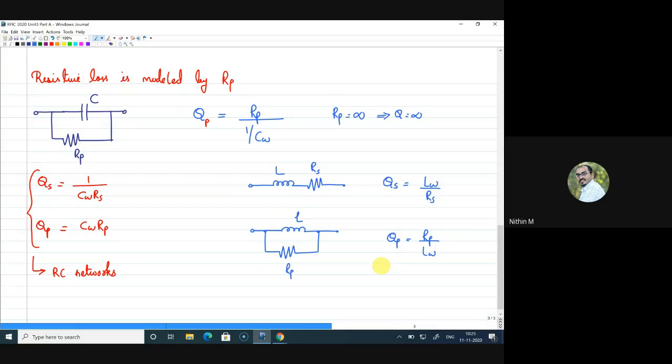So these equations are valid for RL networks. How we express Q factor is very much required to understand these impedance transformation methods. I hope this is clear. If you have questions, you can put them in the chat box.